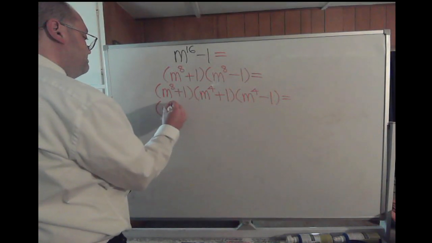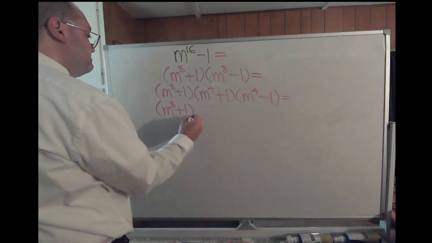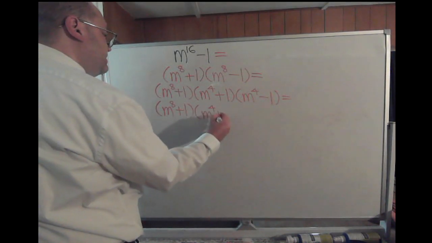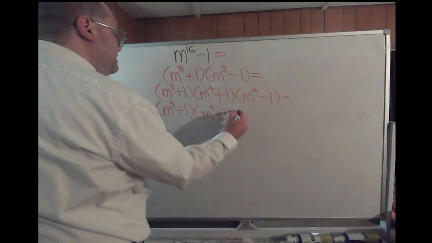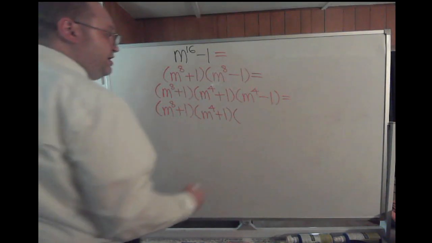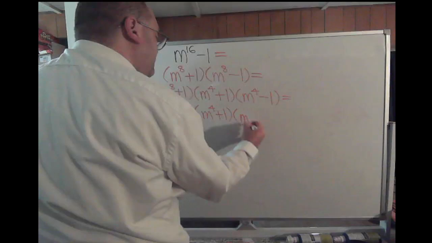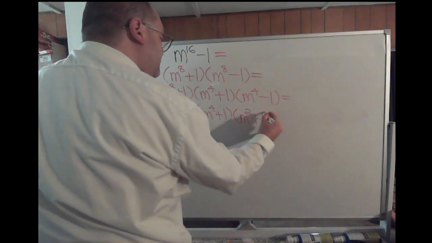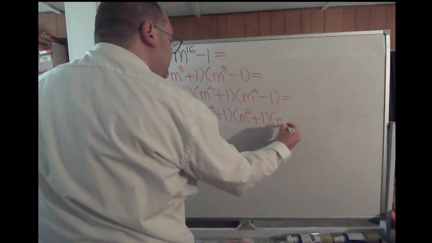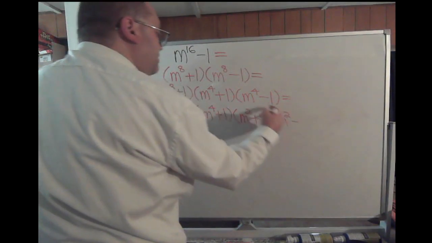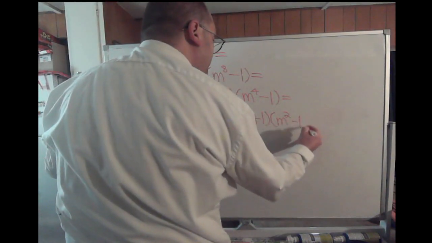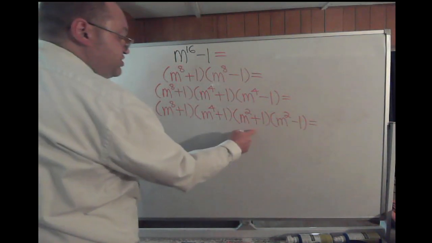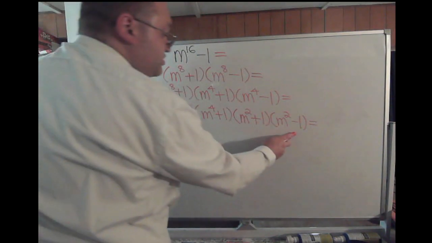So let's go ahead and do that. We'll keep m to the 8th plus 1 times the quantity of m to the 4th plus 1. Now, the square root of m to the 4th, that'd be m squared, plus the square root of 1, that'd be 1, times the quantity of m squared minus the square root of 1, well, that'd be 1. So we also can't factor the m squared plus 1, but we can factor m squared minus 1.